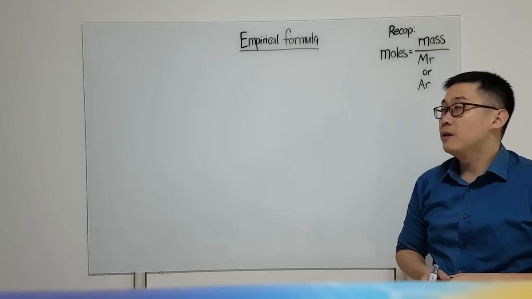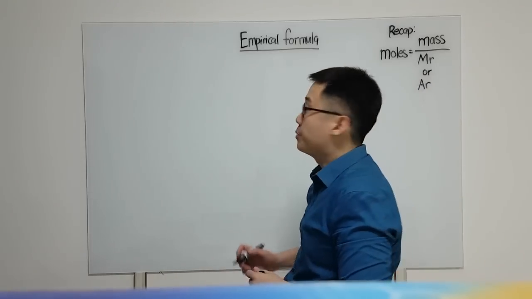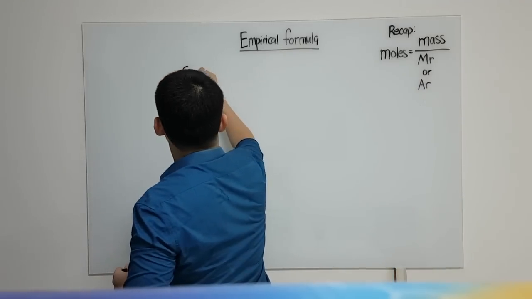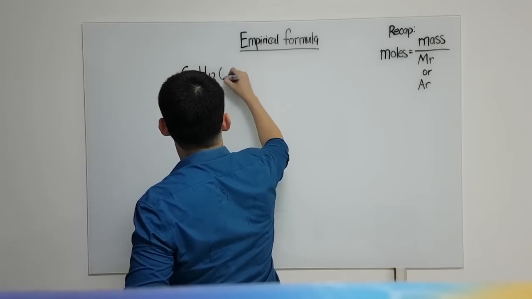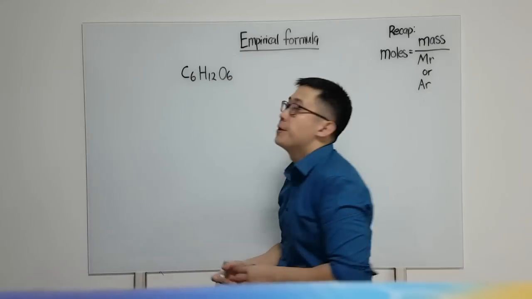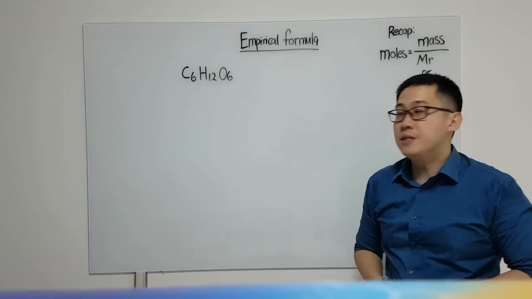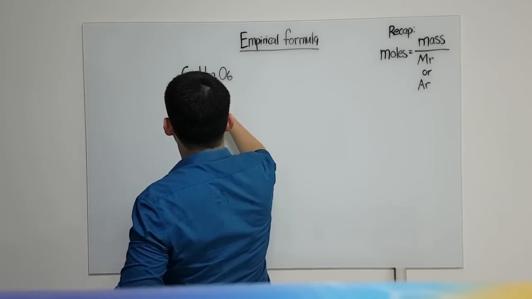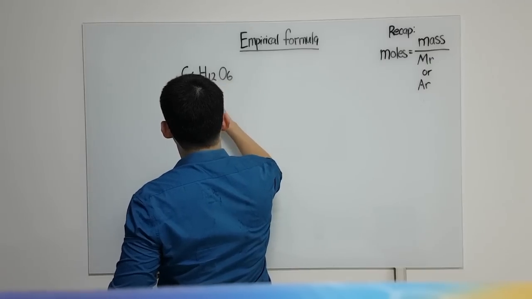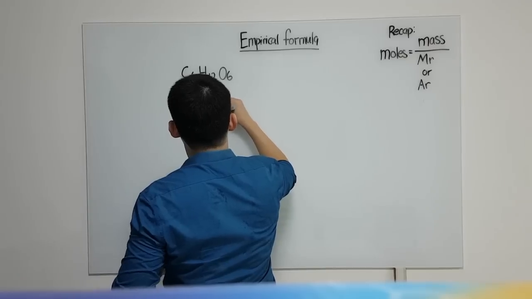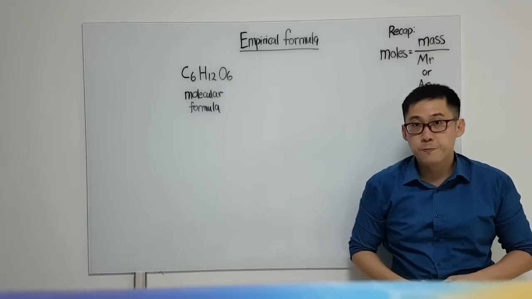Consider the case of glucose, which is C6H12O6. Student, this is the molecular formula of your glucose.